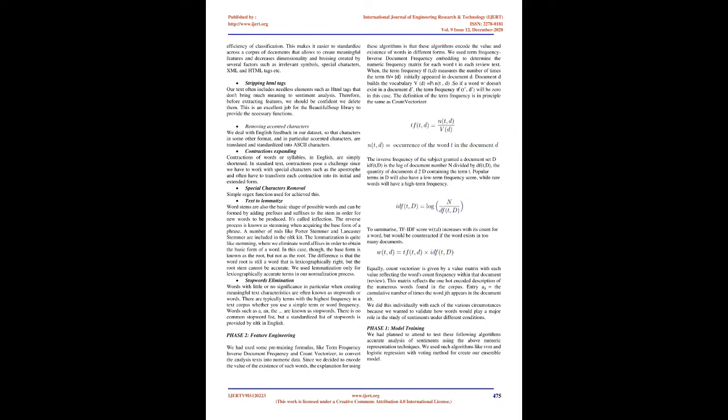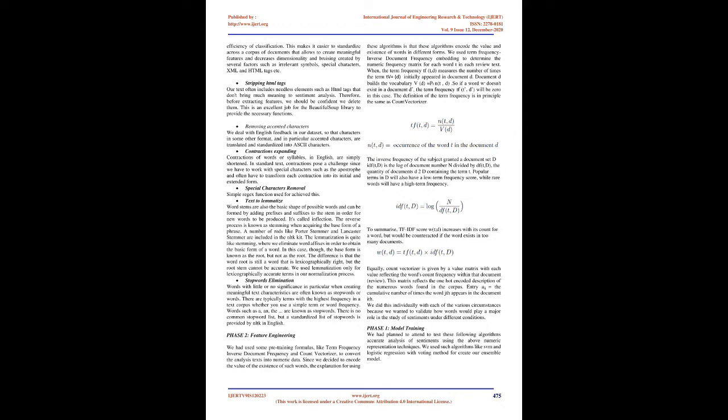Text lemmatization. Word stems are the basic form of possible words and can be formed by adding prefixes and suffixes to the stem in order for new words to be produced. It's called inflection. The reverse process is known as stemming, acquiring the base form of a word. A number of stemmers like the Porter stemmer and Lancaster stemmer are included in the NLTK kit.